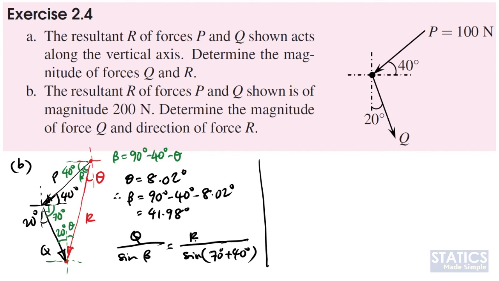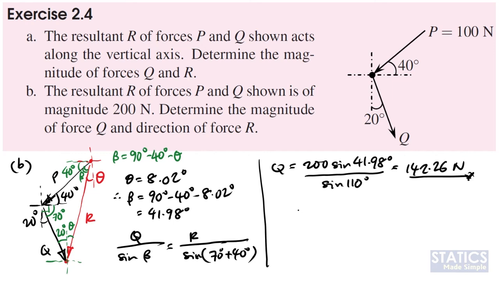Substituting values that we know and rearranging, we will get Q equals to 142.26 Newton. Therefore, we have known the direction of vector R, which is at an angle of 8.02 degrees from vertical axis.